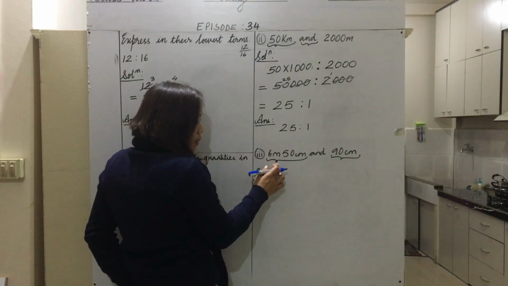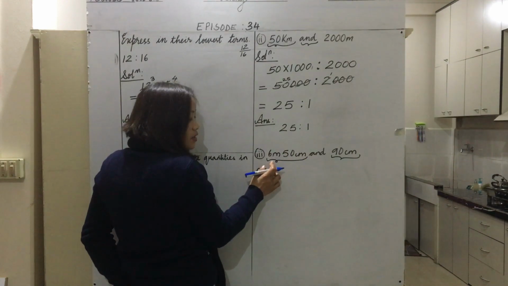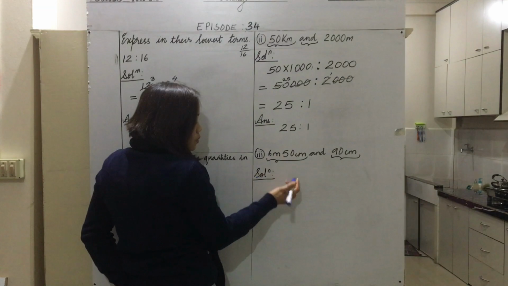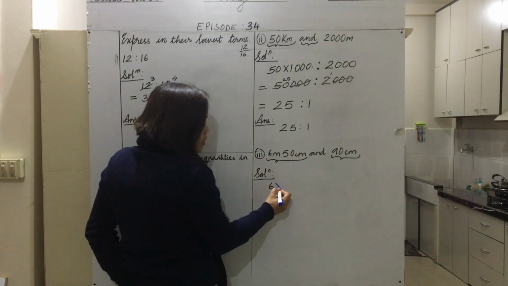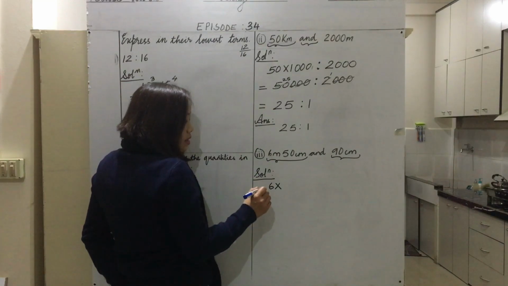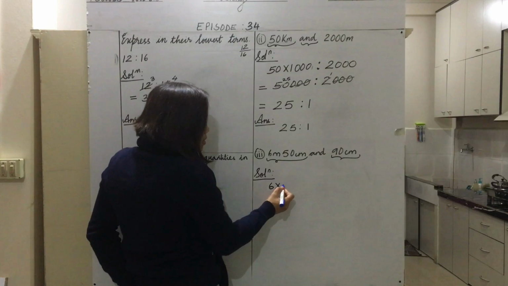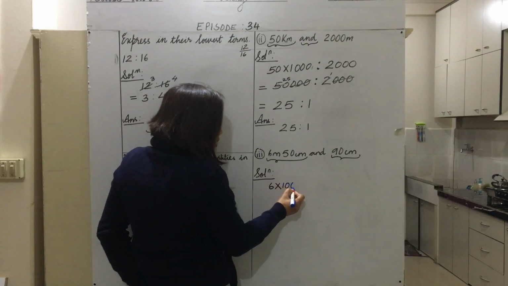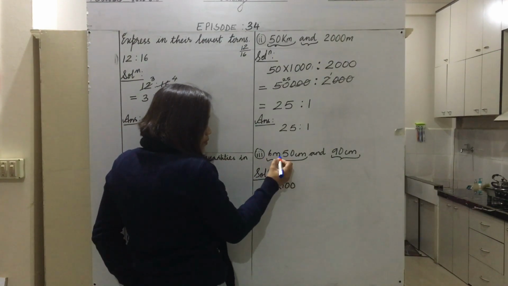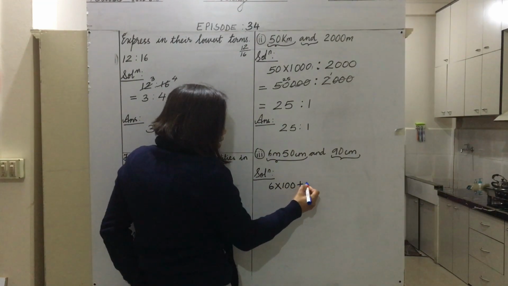So the first quantity has 6 meters. The relation between meter and centimeter is 100 centimeters equal 1 meter. So 6 is multiplied by 100. So the first quantity is 6 meter times 100, here we put plus sign and then write 50, right?